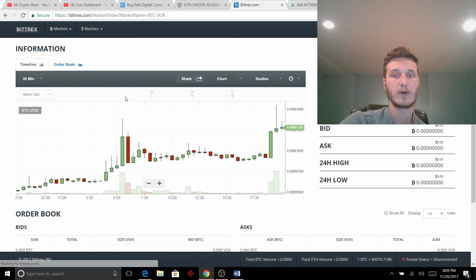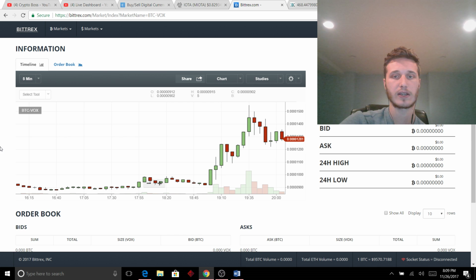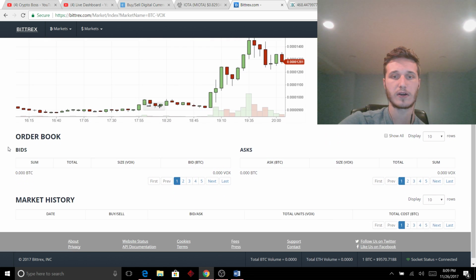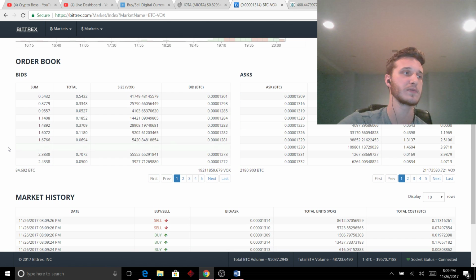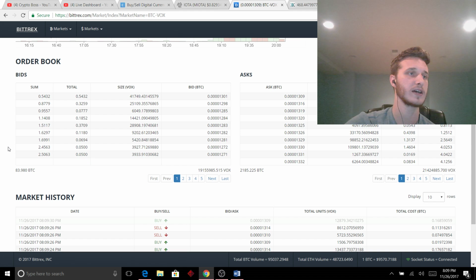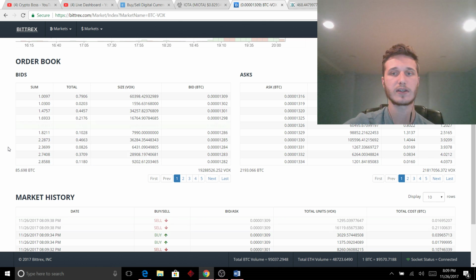So yeah, it turns out I should have bought some when we were looking at it earlier, but I think it's going back down. I haven't done any research on this coin, so if you guys have any specific coins you want me to research, just let me know, and I can look into them, because there's a lot of different coins and it can get confusing.